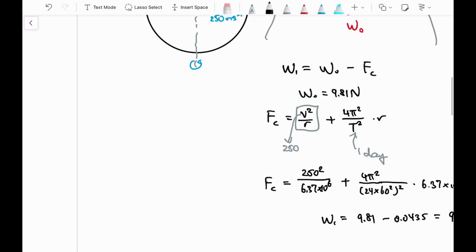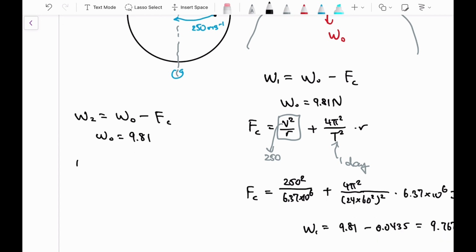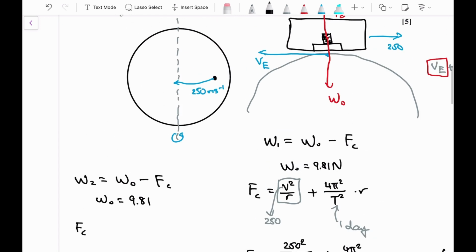And then we can resolve for W2. W2 is the same concept, so it's W0 minus FC. Now, in this case, W0 is still 9.81, however FC has changed.